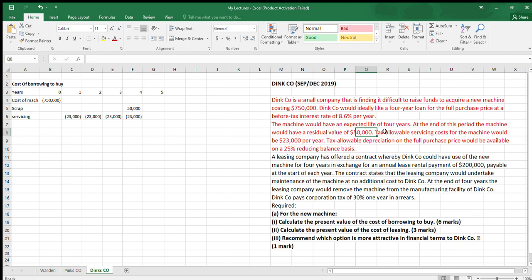So now we have to calculate first the tax allowable servicing cost. The question says that Dinko Co pays corporation tax of 30% 1 year in arrears, meaning that they pay tax the following year after the tax has been incurred. So if they make profit in year 1, their tax for year 1 is going to be paid in year 2, and the corporation tax rate is 30% in arrears.